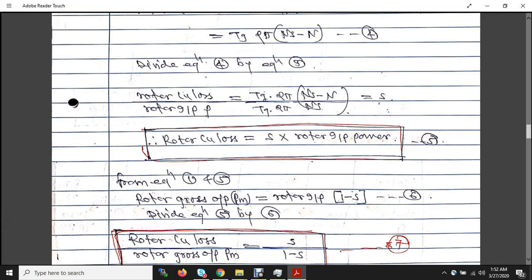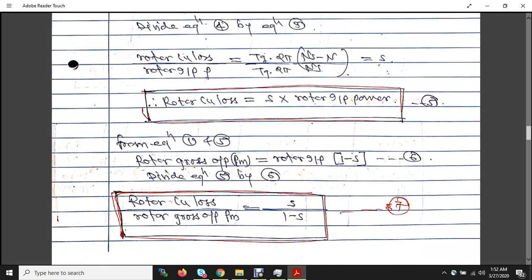Now let us divide equation 5 by 6. Therefore, rotor CU loss upon rotor gross output, where rotor CU loss equal to S into rotor input, and rotor gross output equal to 1 minus S into rotor input. Rotor input will cancel, and the remainder is this one.